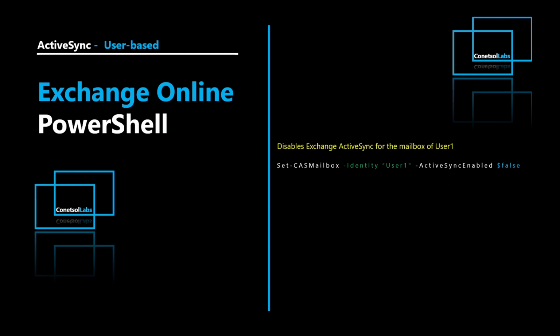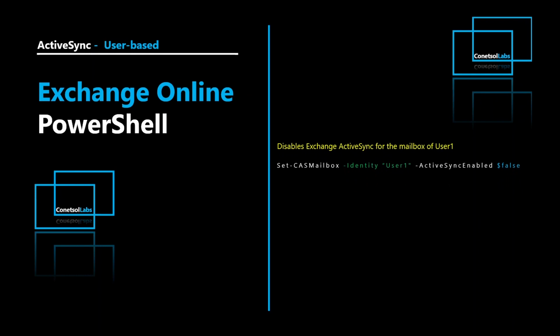We can disable ActiveSync for a specific user using a PowerShell command or the GUI using Exchange Admin Center. We will learn in the lab exercises how we can disable it from the GUI or PowerShell.